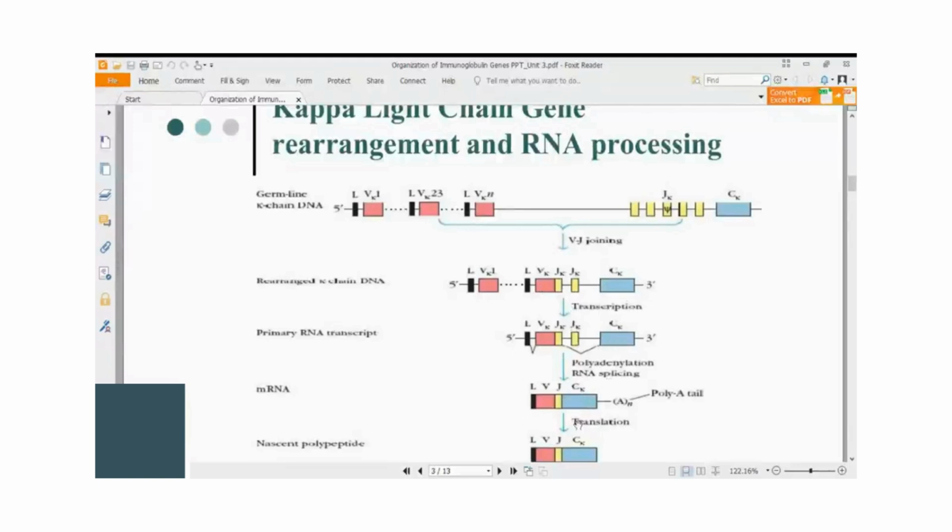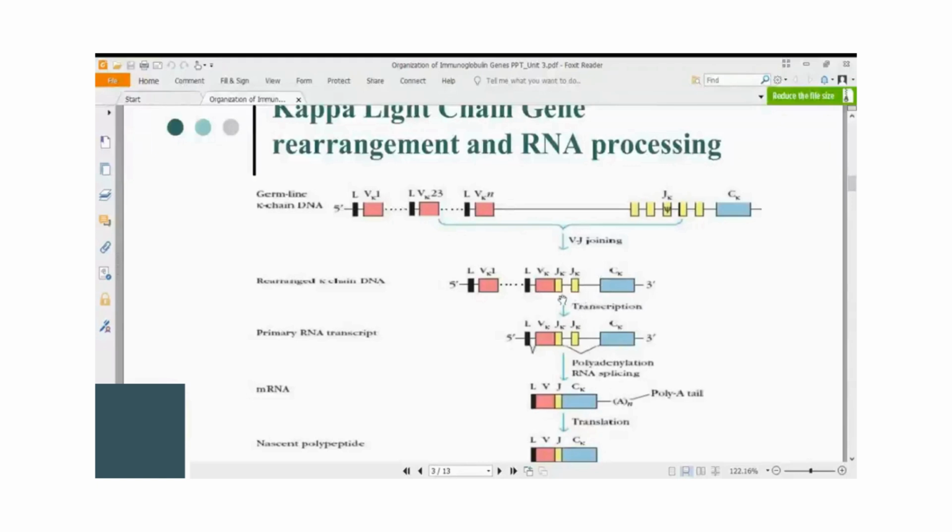The final mRNA is going to be produced. This process of cutting and joining is called RNA splicing. You have done that in molecular biology using spliceosomes. The cutting and joining is brought about by the spliceosomes.